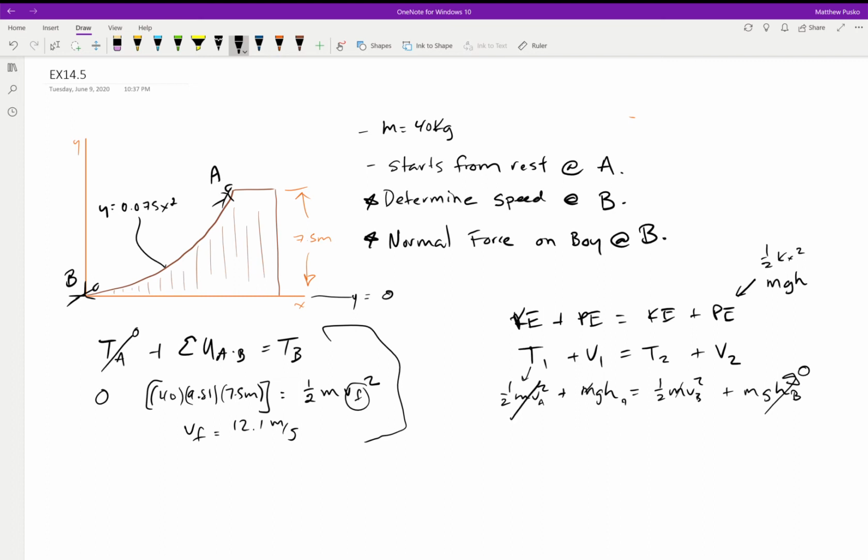Then we get to cancel the masses because they're the same thing, and what we get is the velocity is equal to the square root of 2gh, and we get the same exact thing, 12.1 meters per second.